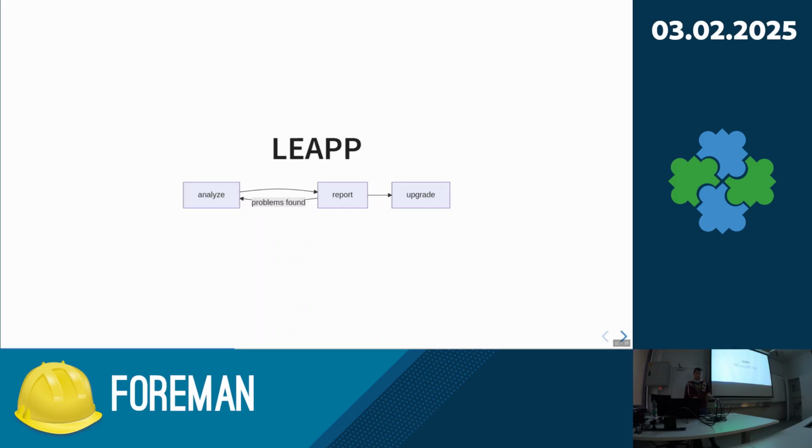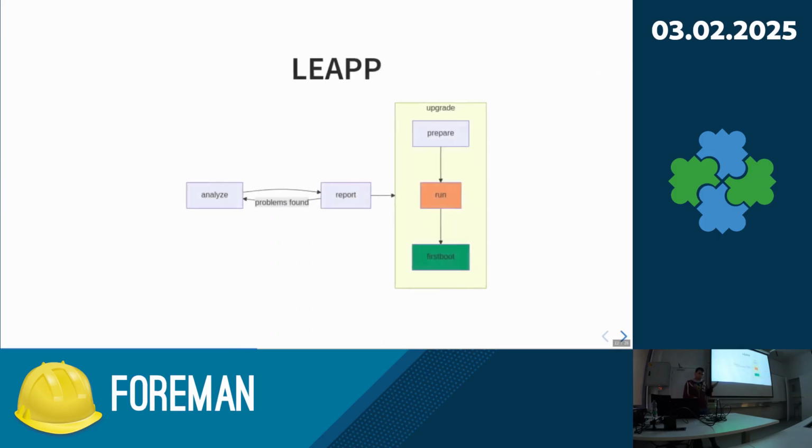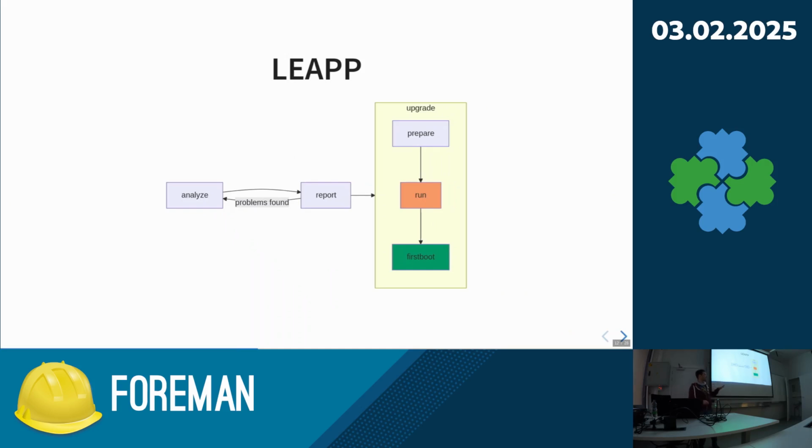If you ever worked with Leapp, you will know that this is not as simple. So this is a slightly more complicated version of it. The upgrade happens actually in 3 phases. The first phase is the preparation of the upgrade, where you're still running your old operating system. It downloads all the packages it needs.